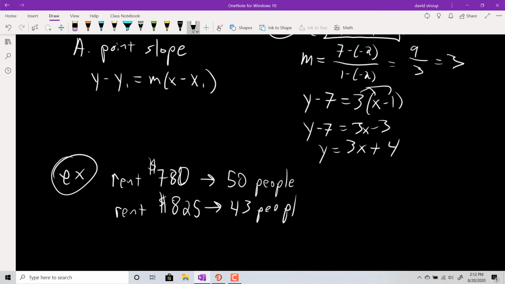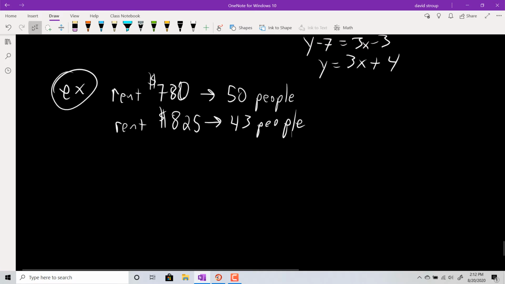So you can create an equation which describes the number of tenants you'll have as a function of the amount of money you charge for rent. And the problem in the book that I'm working with wants you to find a linear function just to describe this.